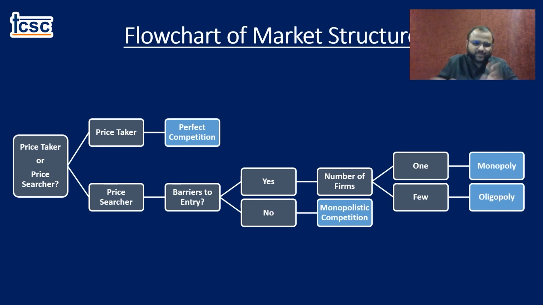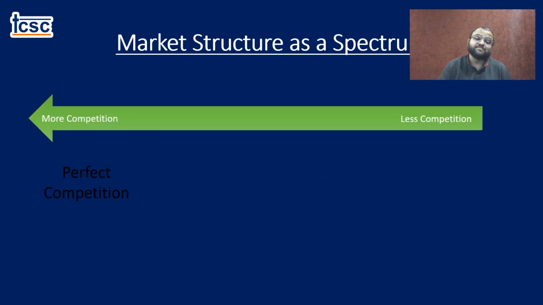Now, I know this is quite complex and problematic at first, but let me break it out. The flowchart logically allows you to understand how firms are technically classified. How do we give relevance to these four major types, and how do we understand them? Thus, whether it is a price maker or a price taker, whether there's a barrier to entry or exit, and whether the number of firms in the market impacts the market mechanism.